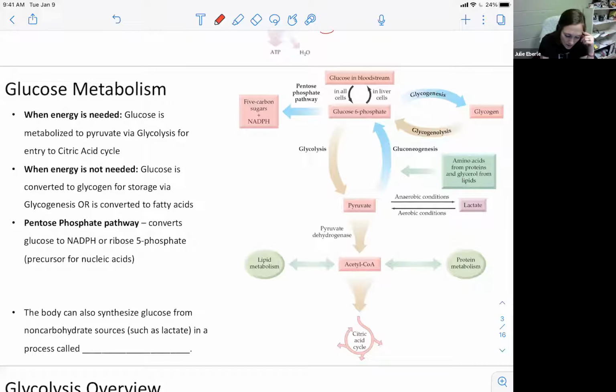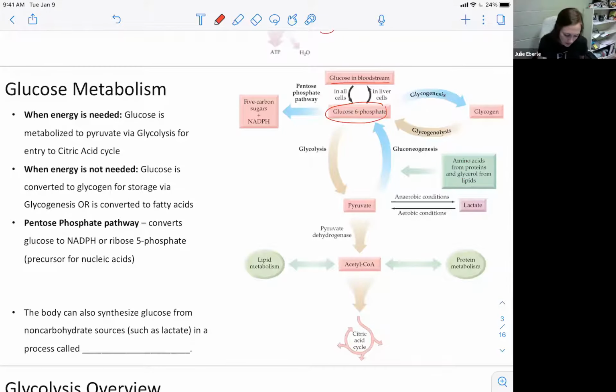So if we have glucose in our bloodstream, there's several different things we can do with it. Now, not specifically glucose, but glucose 6-phosphate. This is actually a reaction that was on exam 3, and we mentioned glucose 6-phosphate when we were talking about enzymes. We talked about how it's a competitive inhibitor of hexokinase, but glucose 6-phosphate is just glucose with a phosphate group on carbon 6.